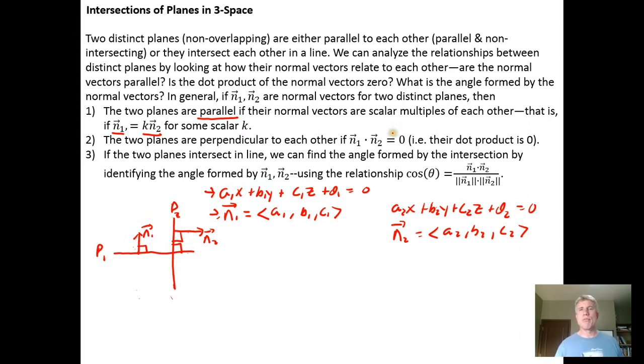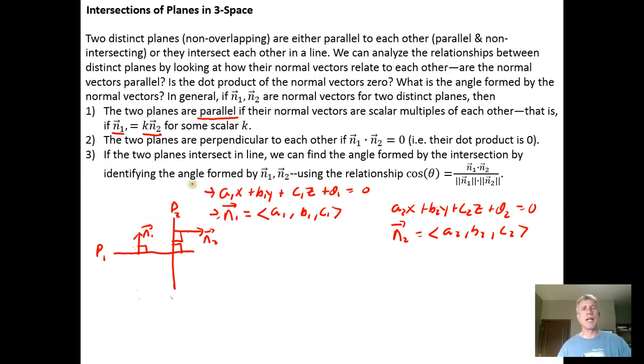And what we learned from a previous result is that if n sub 1 is perpendicular, or orthogonal, to n sub 2, then the dot product of orthogonal vectors is 0. So we can check whether two planes are perpendicular just by checking whether the dot product of the normal vectors is 0 or not. If the dot product is 0, we know we have perpendicular planes.